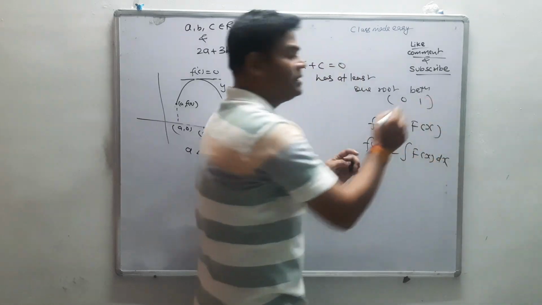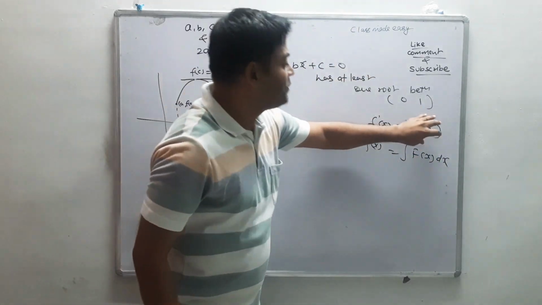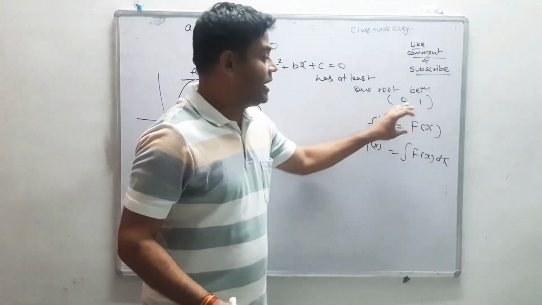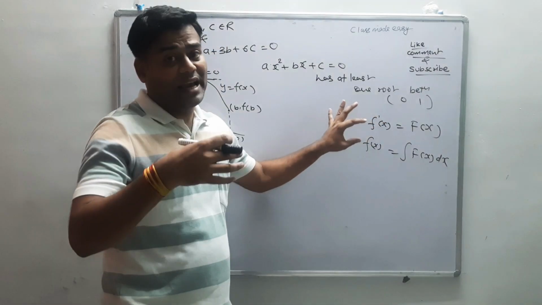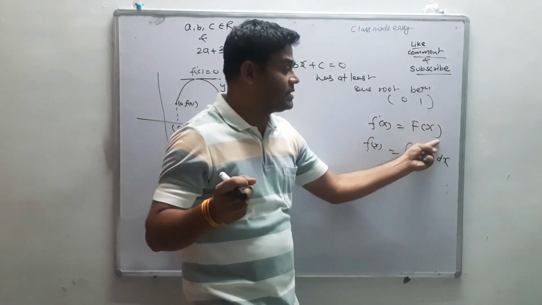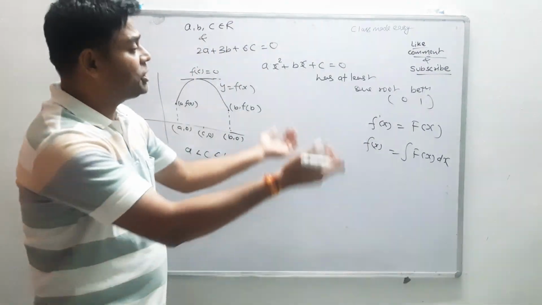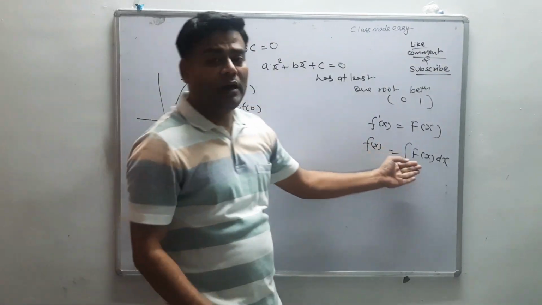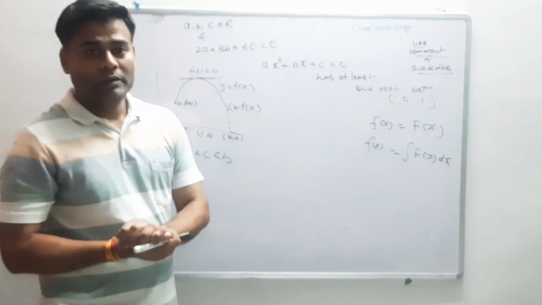So I assumed f dash x as f of x. So f of x equals 0 has a root in the interval a to b. Then its integral function will give the same values on a and b.